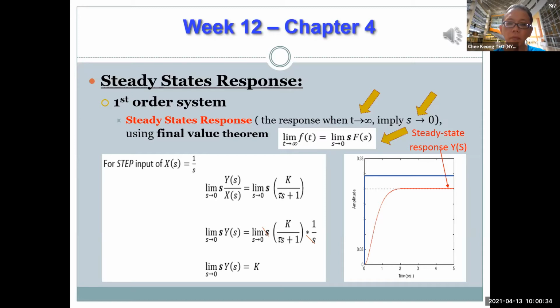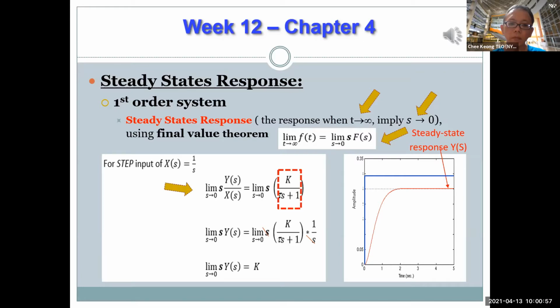On the other hand, the same result can be yielded when we work in the frequency domain, the S domain. But this time we must multiply the frequency domain expression by S and let S tend to 0. This is what we call the final value theorem that you studied in your year 1 or 2 mathematics.